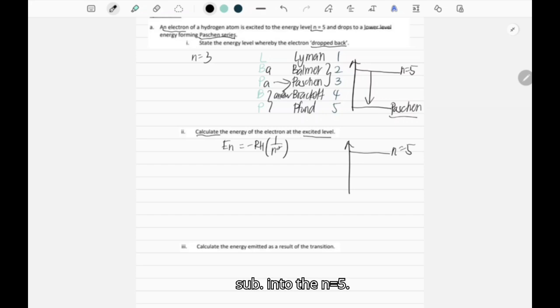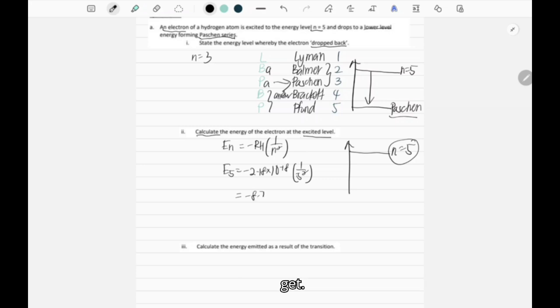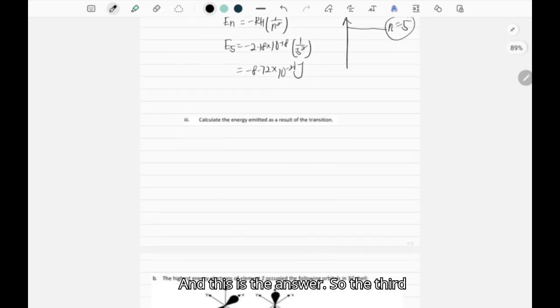Substituting n equals 5, E5 equals negative Rydberg constant times 1 over 5 squared. Pressing the calculator, we get negative 8.72, and this is the answer.